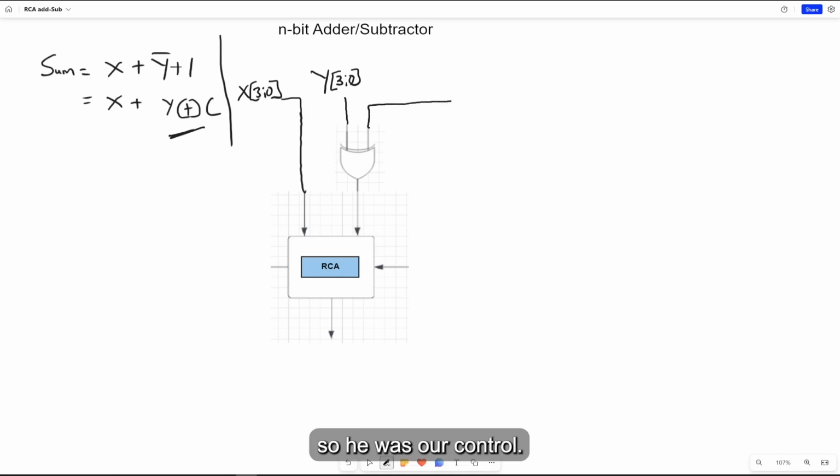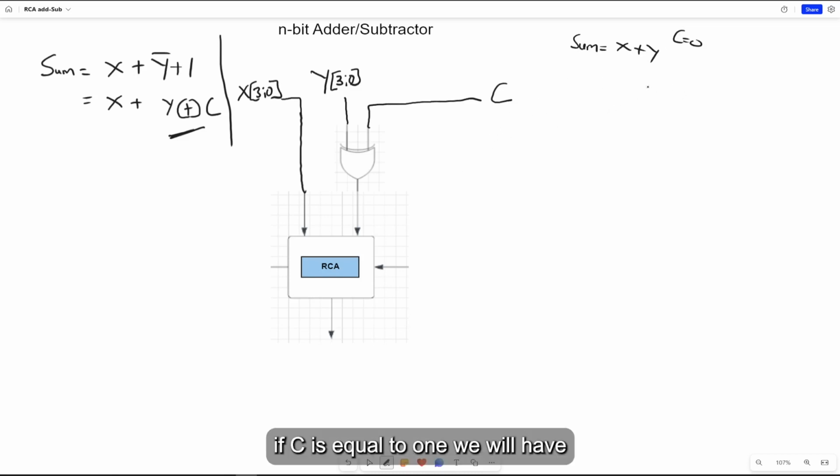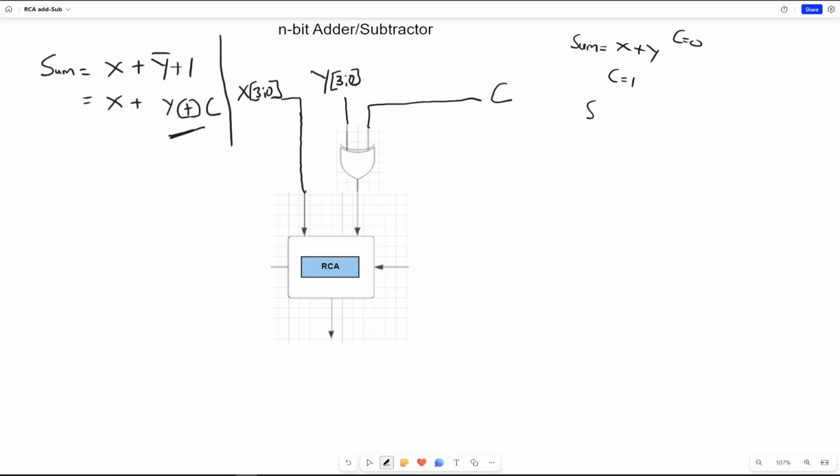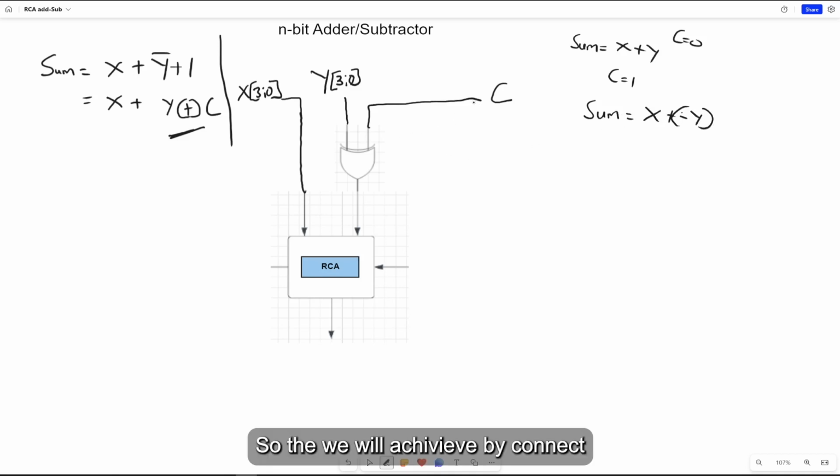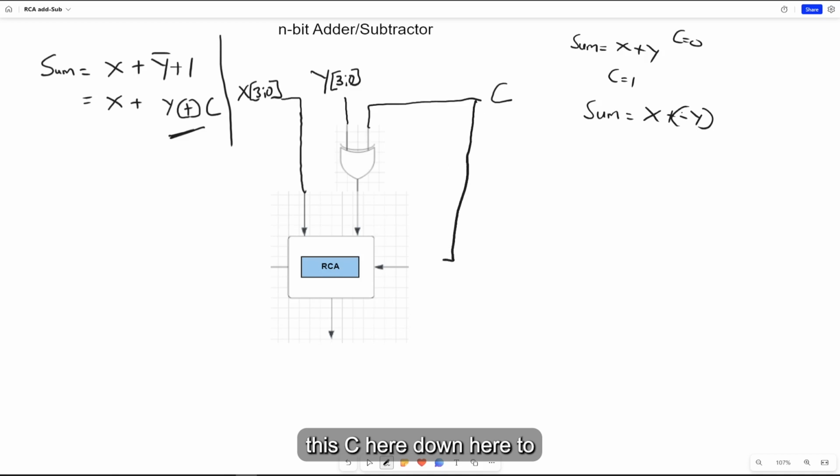So here we must have our controller. Based on if C is equal to 0, we have sum is equal to X plus Y. If C is equal to 1, we will have sum is equal to X minus Y. So the way we achieve it, we connect this C here down here too.